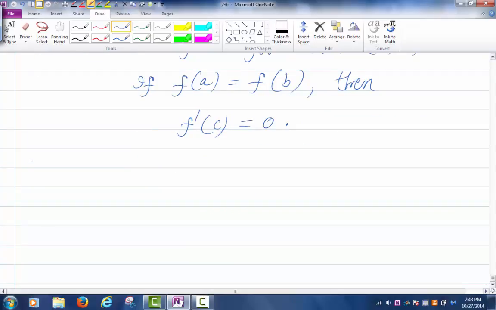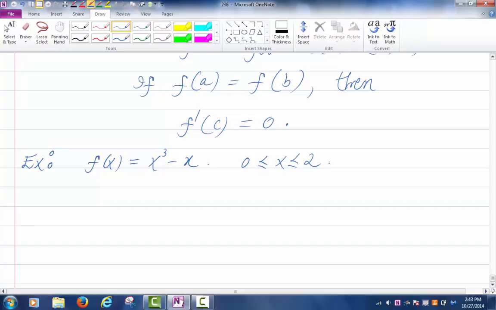Let's do an example and see what we mean by this. Let's say I have the function f of x, which is x cubed minus x, and let's say we are looking at x between 0 and 2. One of the exercises that you're going to see in your homework asks you to check whether the function satisfies the conditions of Rolle's theorem.